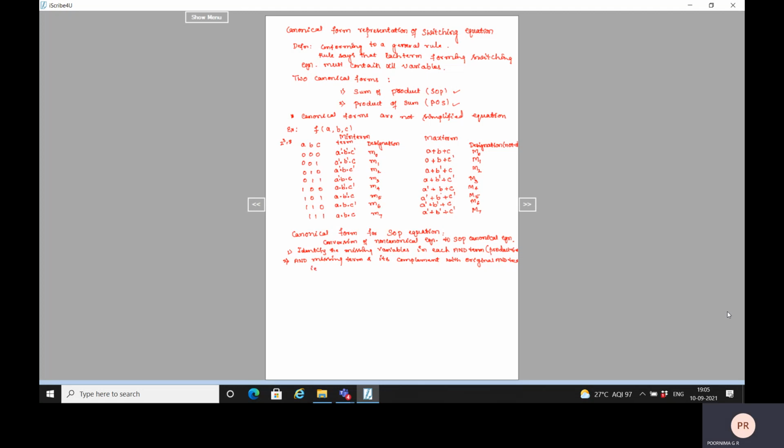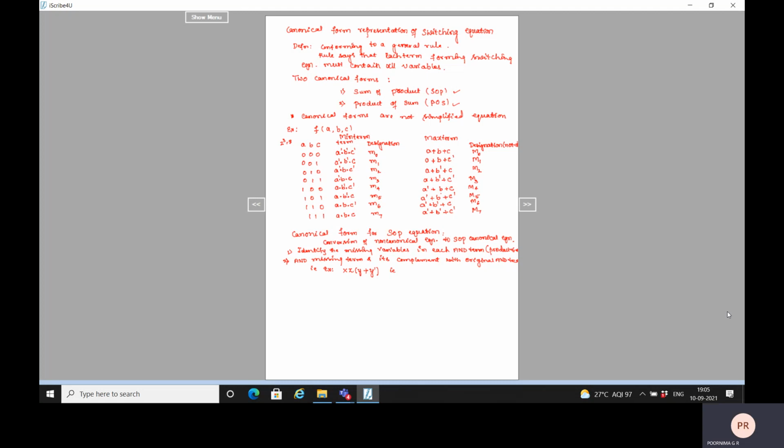An example to illustrate this: suppose we have f(x, y, z) as a switching equation, a three-variable function. If the first product term is xz, the missing variable in this case is y. So you can OR y and y bar, ANDed with x and z.